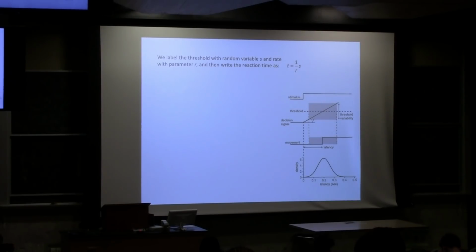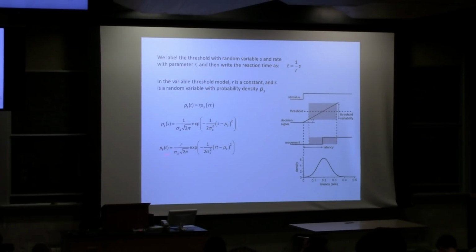This shows you that you end up with a probability distribution of the reaction time that's just normally distributed, not skewed, like I showed you. So this is what happens if you vary the threshold.